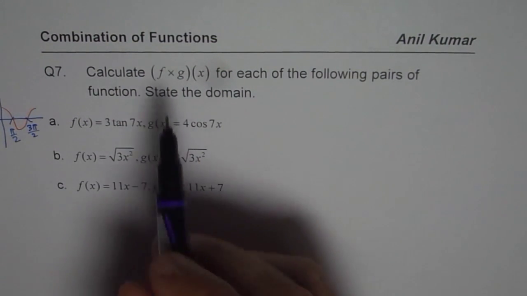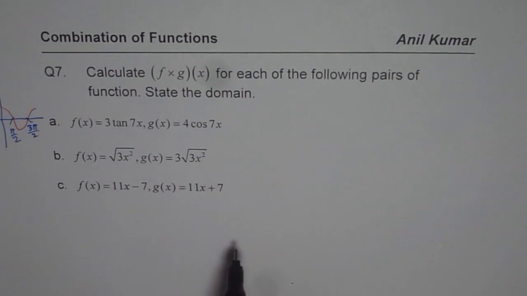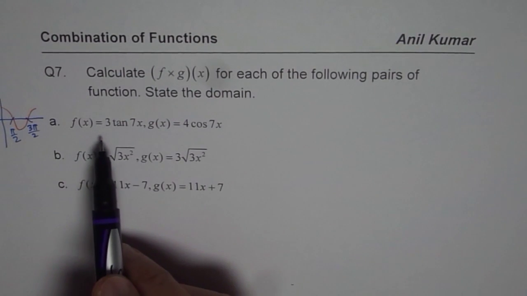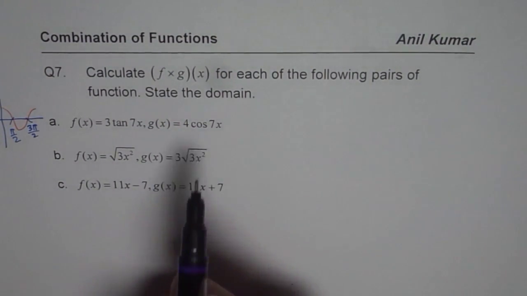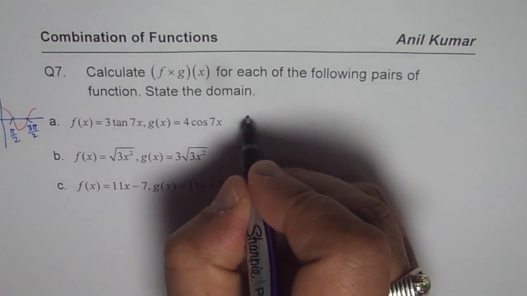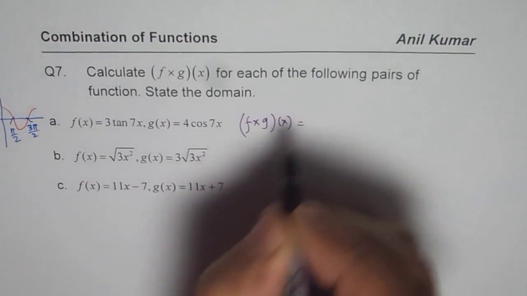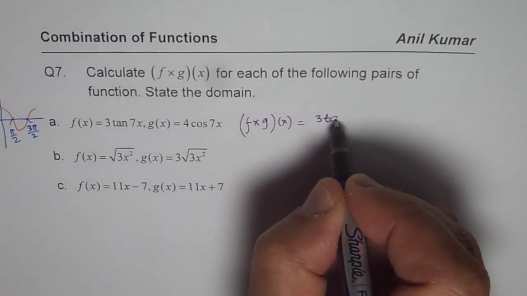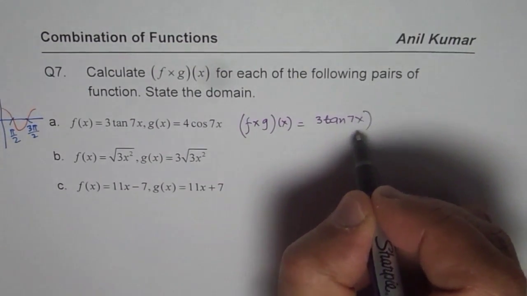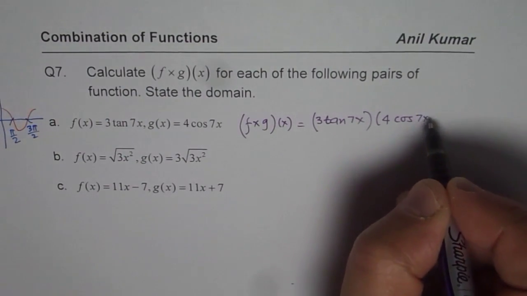Now let us simplify it. I'm not doing it in detail, but I'll provide short answers. We have f of x equals 3 times tan x, and g of x is 4 times cos of 7x. So f times g of x is, we can multiply these two, so it is 3 tan 7x times 4 cos 7x, right?